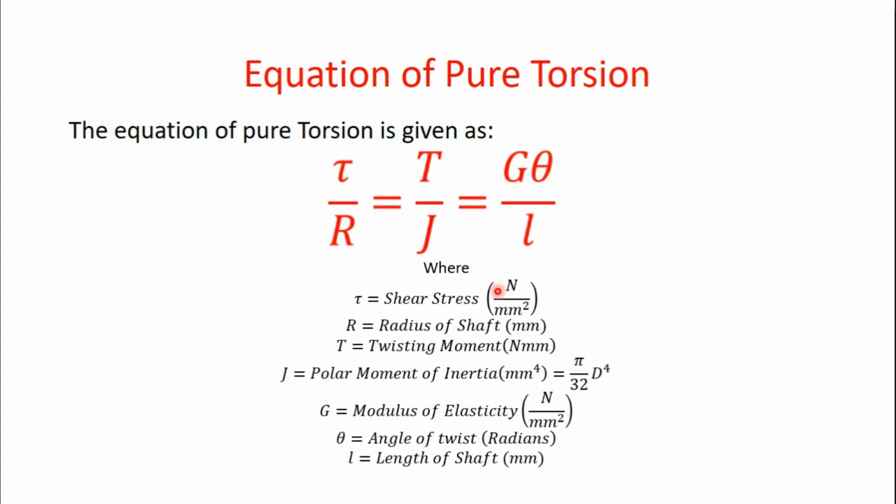The convenient unit of the shaft is mm, as we use for 10 mm, 20 mm, 30 mm shaft in our different engineering applications. So that's why all the dimensions or the unit of the length is taken in mm and all the other units are in SI.